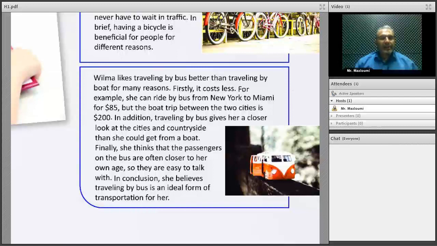And in conclusion, she believes traveling by bus is an ideal, a perfect, a great way of transportation for her. And this is our conclusion, our concluding idea.